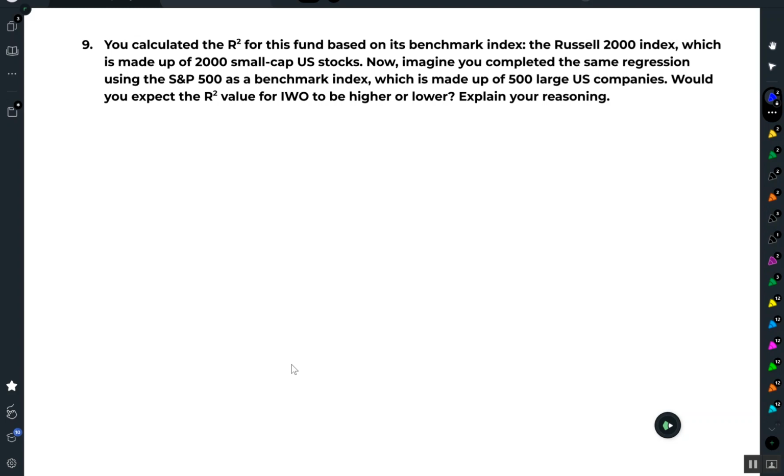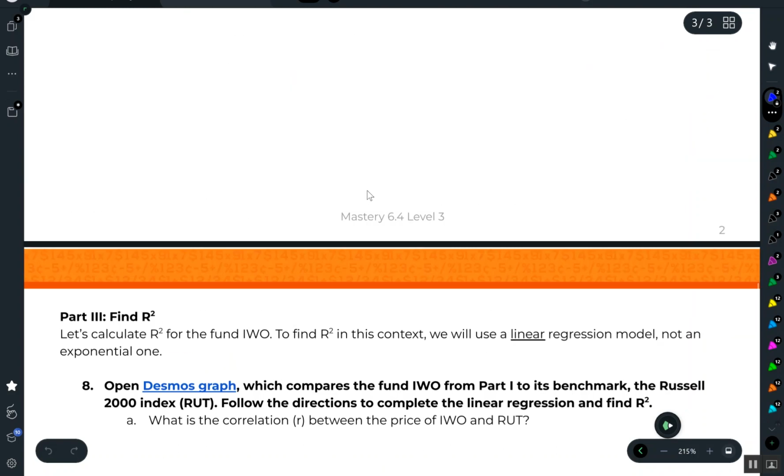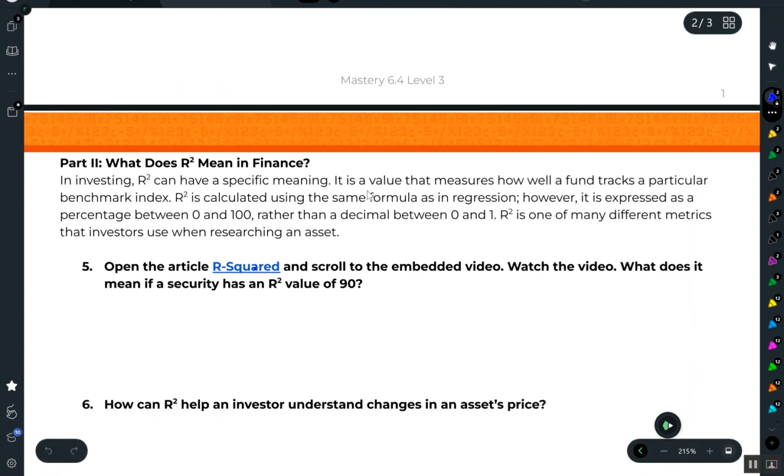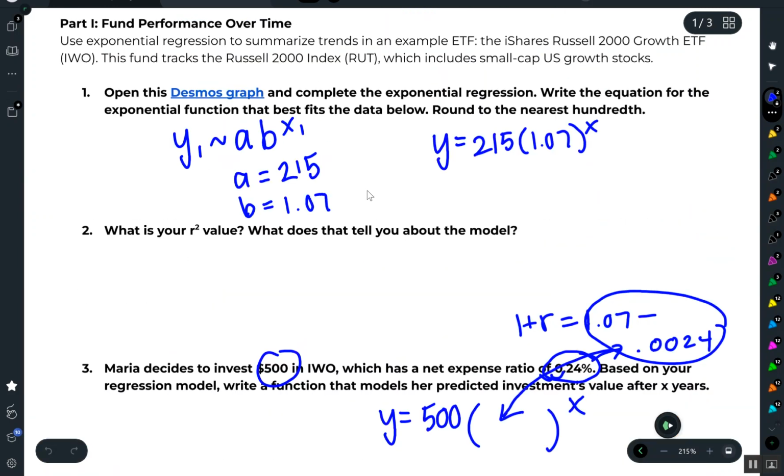Explain your reasoning. The first one is made of 2,000 small ones, and the next one is 500 large ones. Do you think the correlation would be higher or lower? I just want you to think through that one. I can't really help you with that too much; you have to answer that on your own. But hopefully this will help you with this mastery assignment.